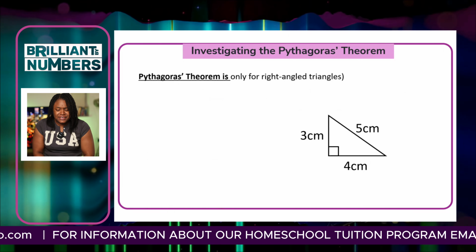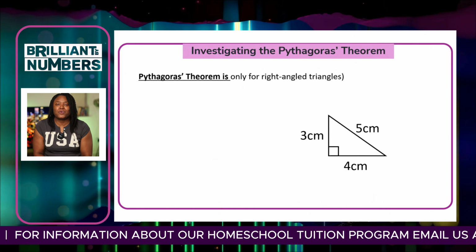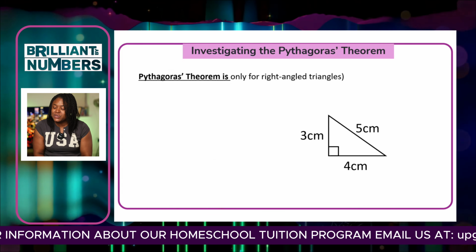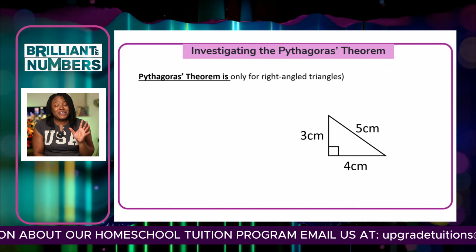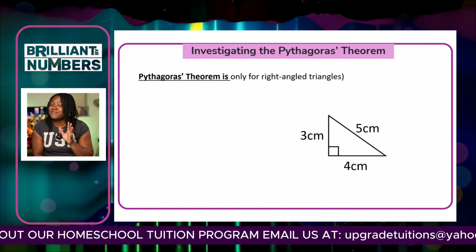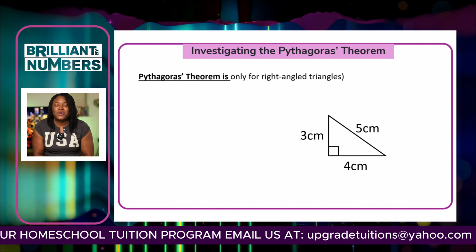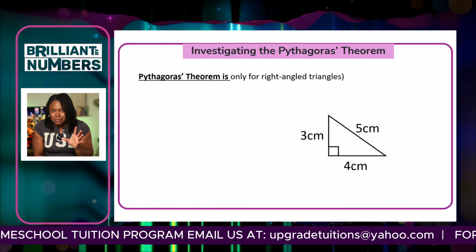Now, let's consider this right angle triangle with sides 3 centimeters, 4 centimeters, and 5 centimeters. Now, because we've got the numbers 3, 4, and 5, which are in numerical order, we call this a Pythagorean triple.